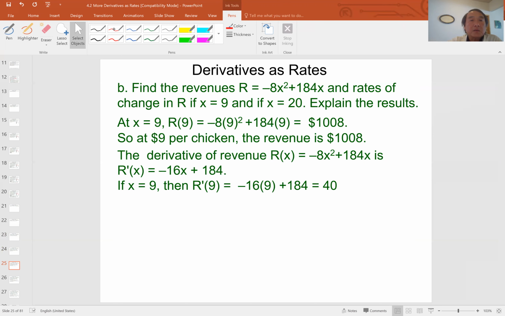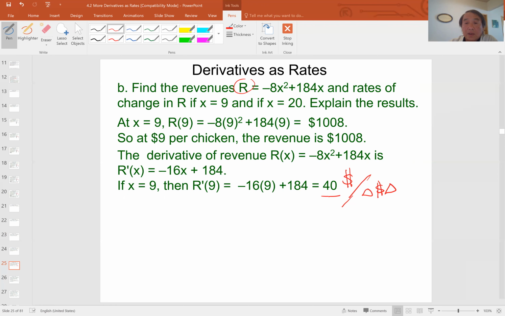This 40 is what? What's the unit? The 40 is the output. The revenue output, of course, is dollars. How many dollars you're taking. And what's the input? The input is delta x, a change in dollars. So it's dollars per dollar.